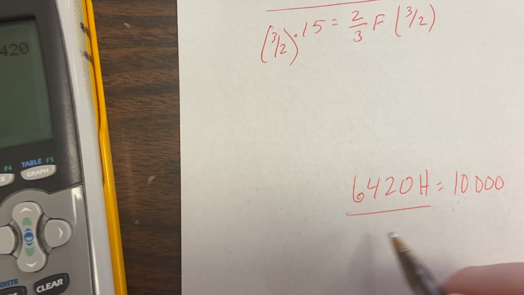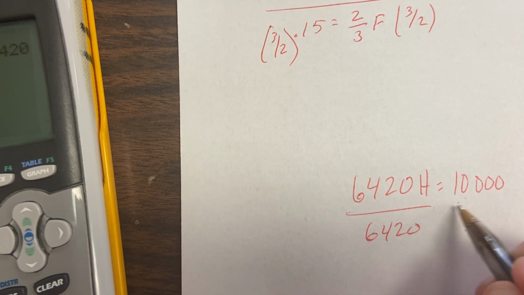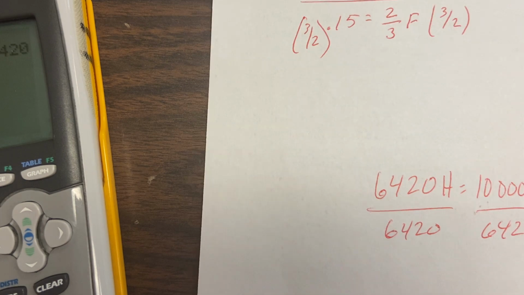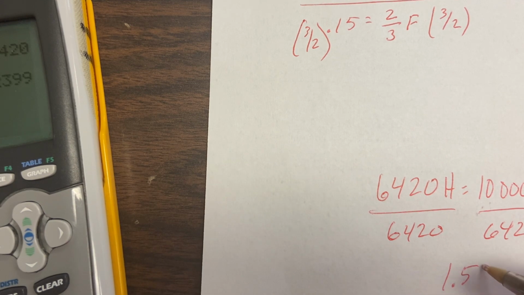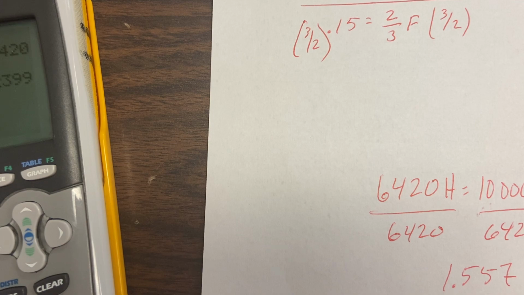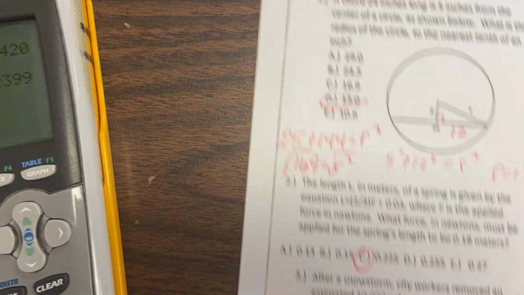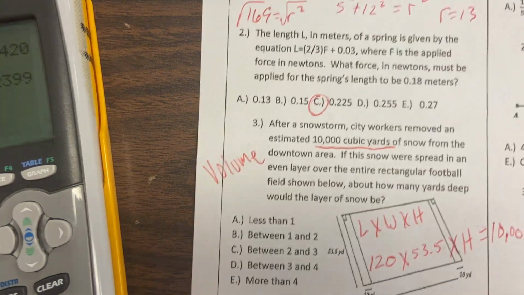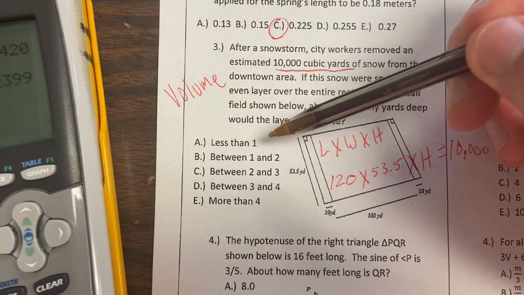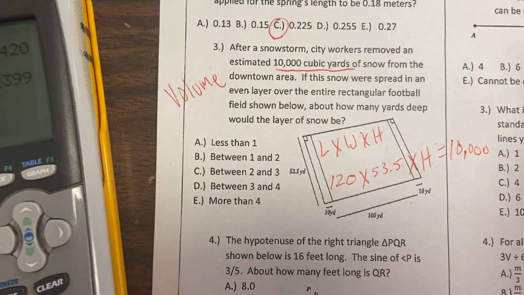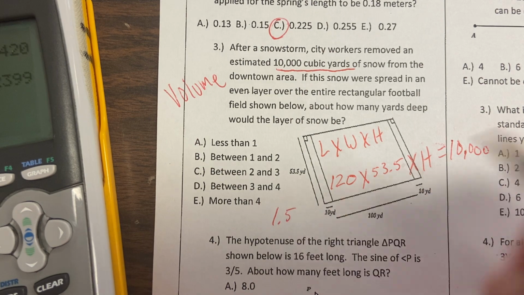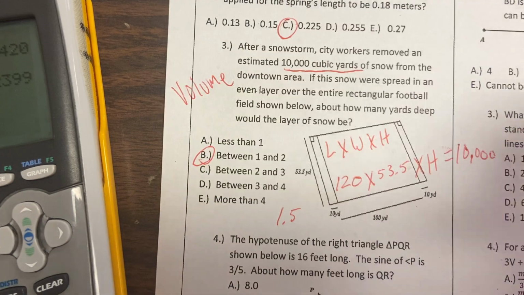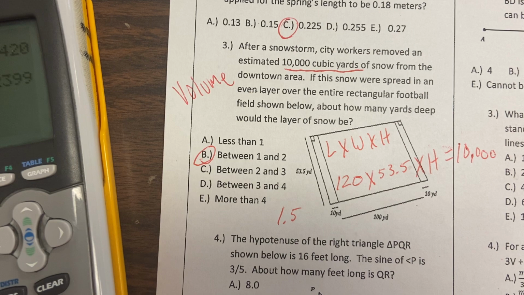And this is stuck by multiplication, so we're just going to go ahead and divide this off. So 10,000 over the 6420 is 1.55. Okay, so about 1.5. And it wants to know about how many yards deep will the layer of snow be? Less than 1 yard, between 1 and 2. Well, we just got an answer of 1.55, so that's 1.5. 1.5 definitely is between 1 and 2 there.